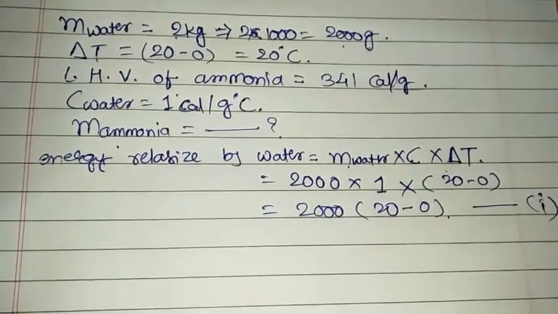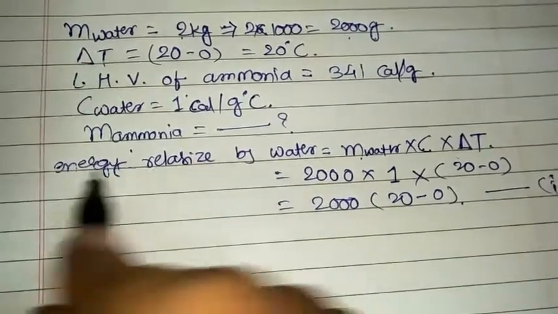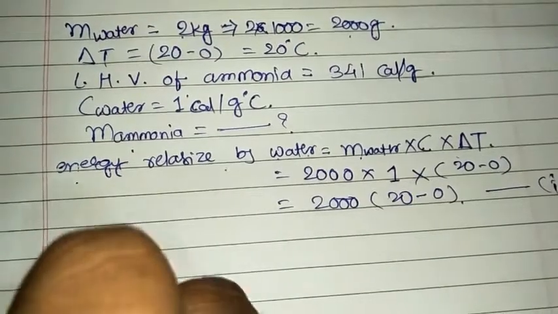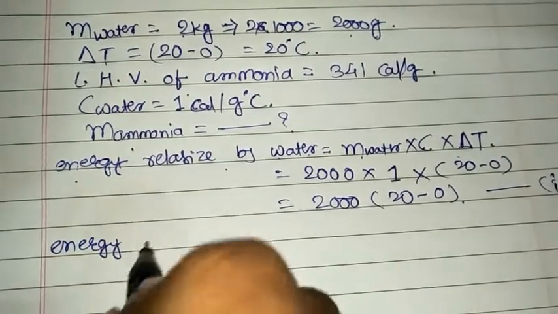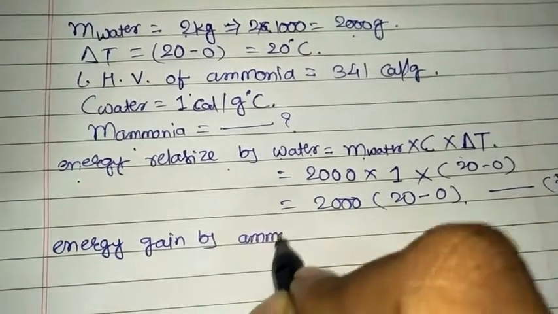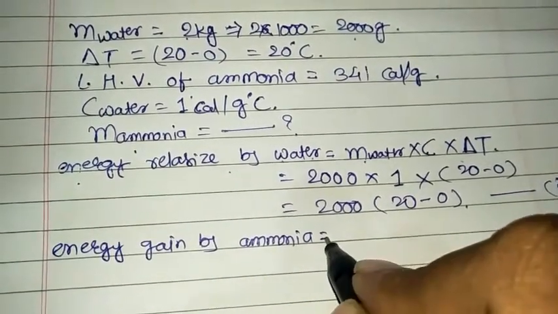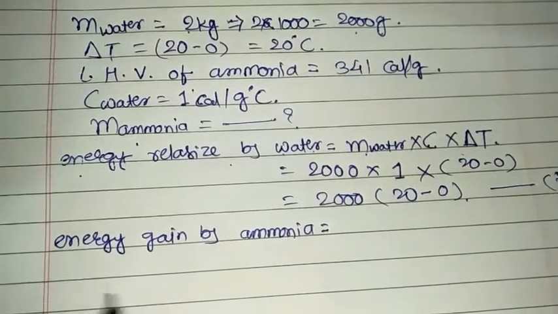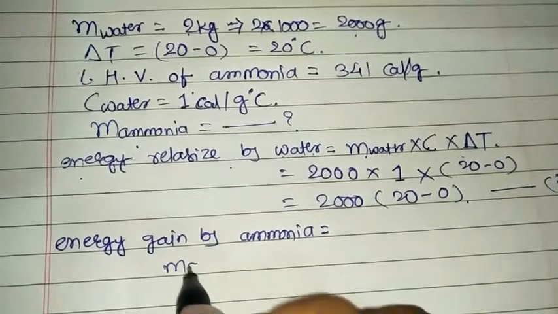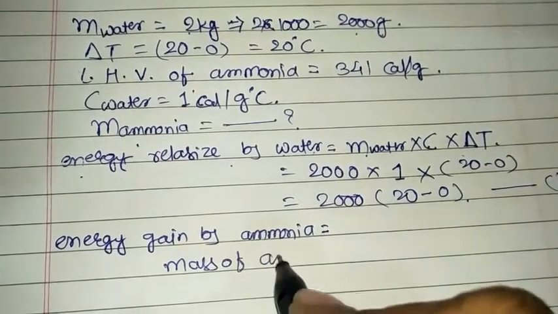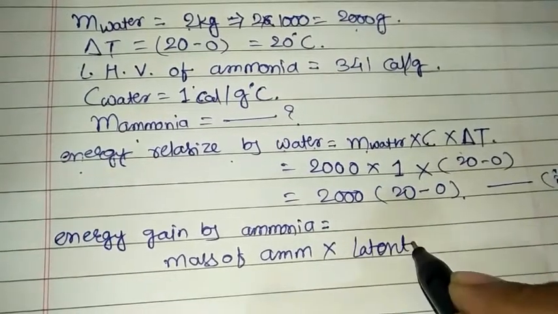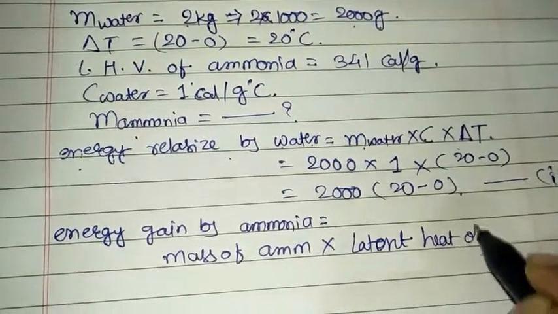Now the energy gained by liquid ammonia is what the energy released by water. Now the energy gained by ammonia is equal to the product of mass of ammonia into latent heat of ammonia.